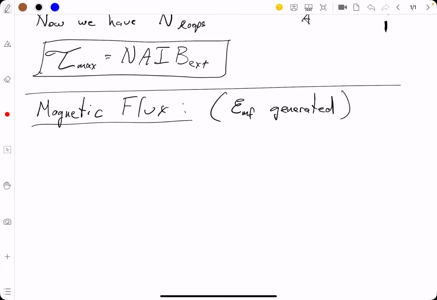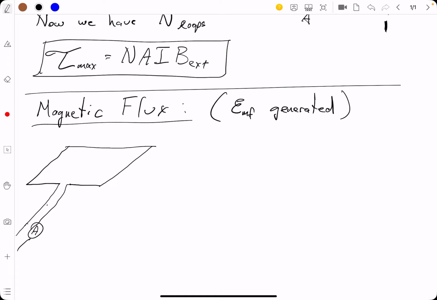Okay, so we're looking to find the EMF generated. Now, magnetic flux. We have some area. We just figured out what the area of our loop is, but we've got another loop. We could say, okay, here's our loop going down, and at some point we're going to put an ammeter in our loop, so we can measure the current going through it.